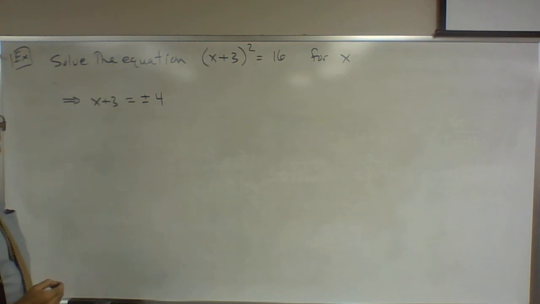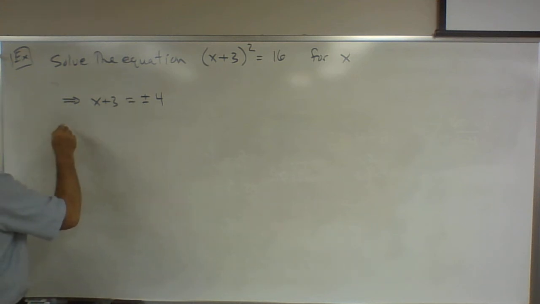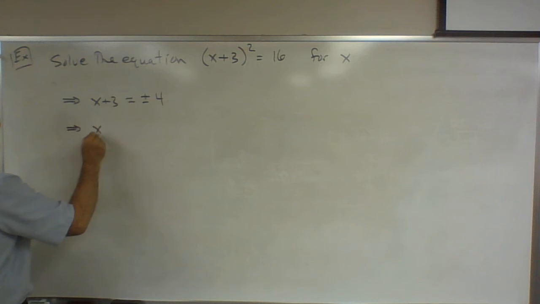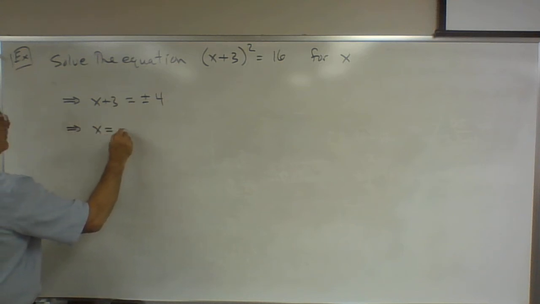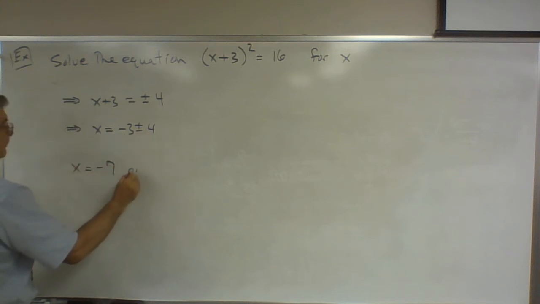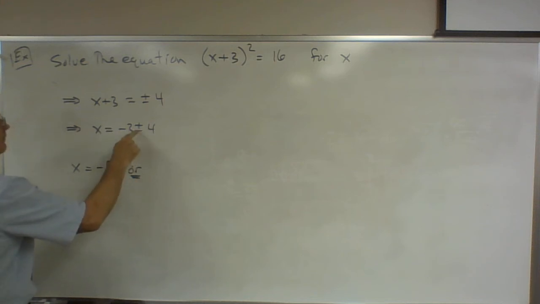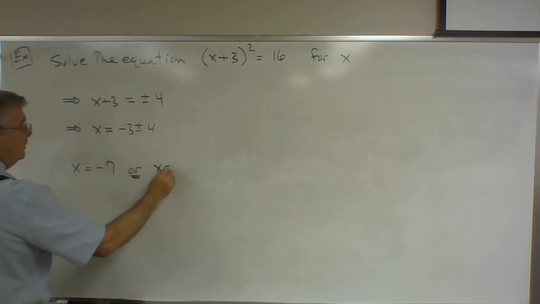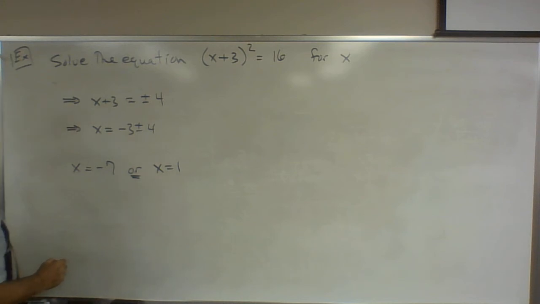Now all I do is subtract 3 from both sides. Negative 3 minus 4 is negative 7. Negative 3 plus 4 is 1.